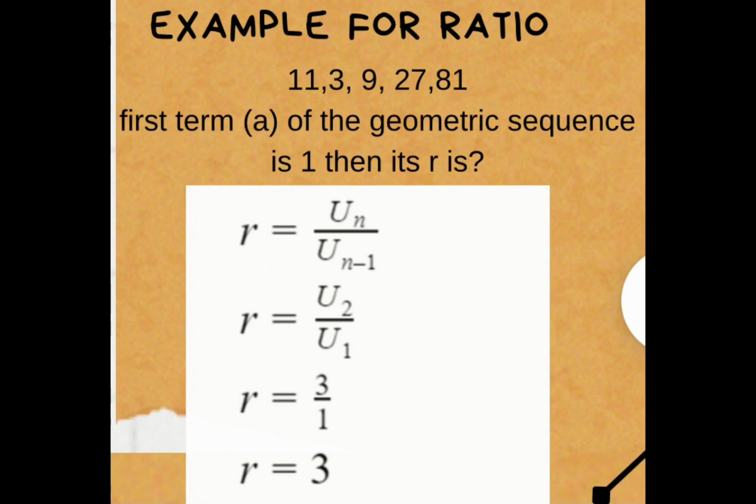So the ratio is equal to U2 divided by U1. So r is equal to 3 divided by 1, so the ratio is equal to 3. So the answer for the example for ratio is 3.